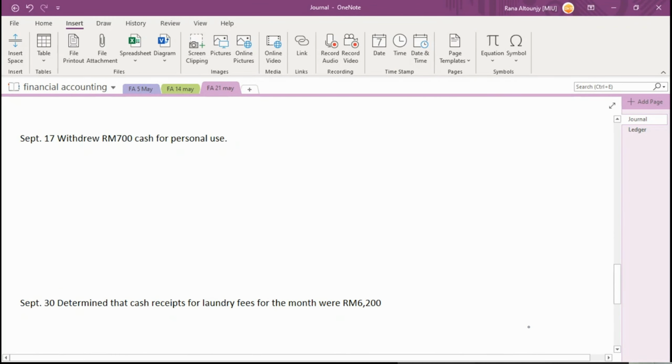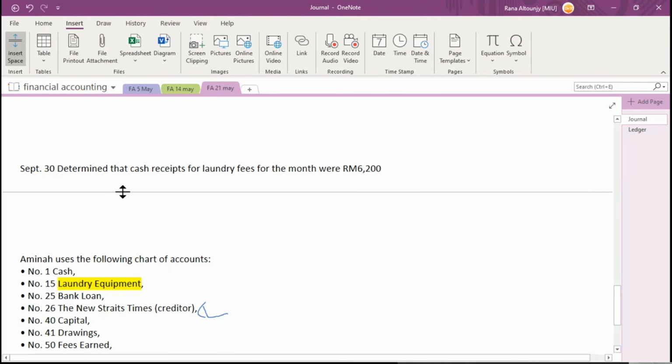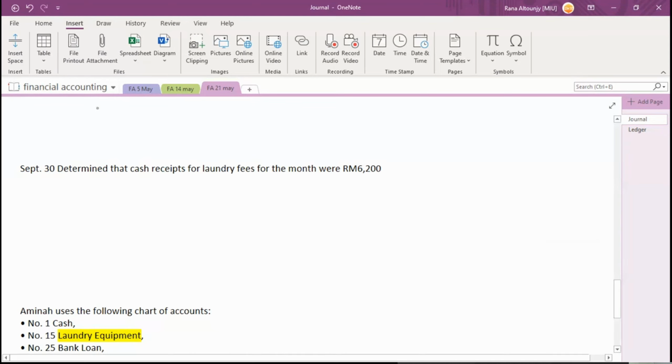The transaction is withdraw 700 ringgit cash for personal use. Okay, so let's write it. Debit, we have drawings. Credit is the cash. The amount is 700. Last transaction we have here: determine that cash receipts for laundry fees for the month were 6,200.